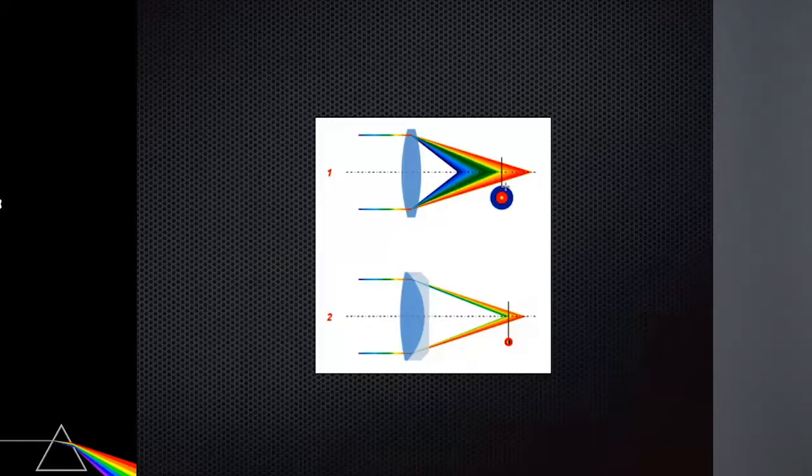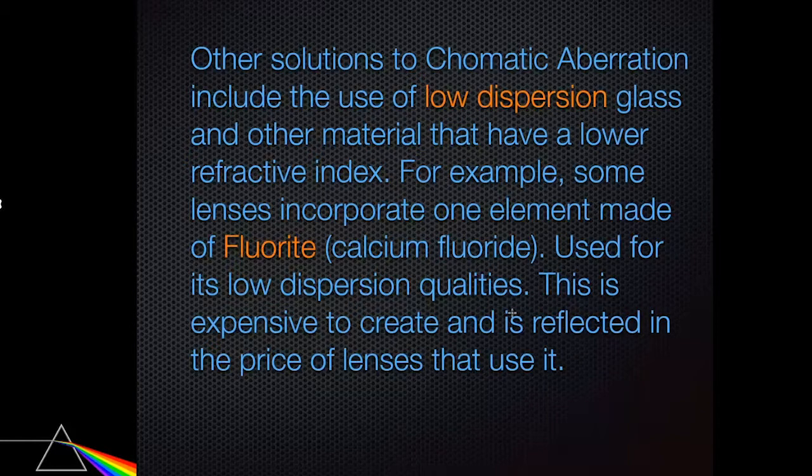So red creates a bit of a blob, and so does blue, because they're not quite lining up. But here we've got our achromatic doublet, and the problem has been greatly reduced. They haven't completely removed the problem, but it's definitely reduced.